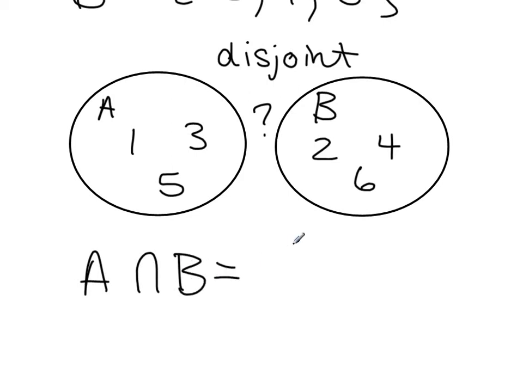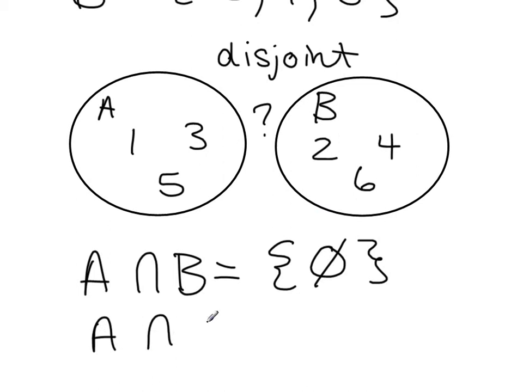You don't say 0, because 0 is a number. What we do to describe this intersection is say it's the empty set. I was taught to write the empty set like this. I've noticed in some textbooks some people don't even write it in the set, they just write the empty symbol. This makes me a little bit nervous because I don't really see that symbol as a set, while here I do see it as a set.